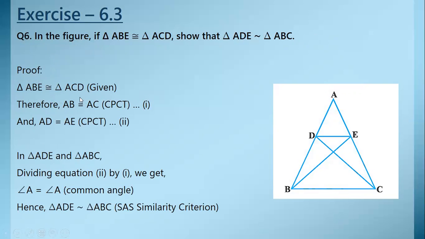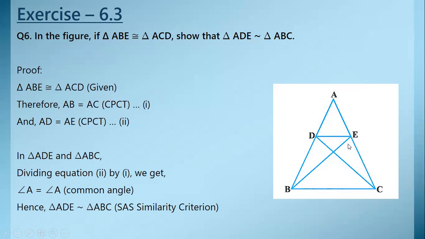Now proof, we know that ABE and ACD are congruent. So by CPCT, which means corresponding parts of congruent triangles, we can say that AB and AC are equal and AD and AE are also equal. So that will be the first two equations for us.